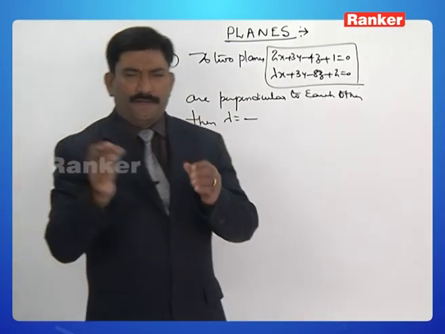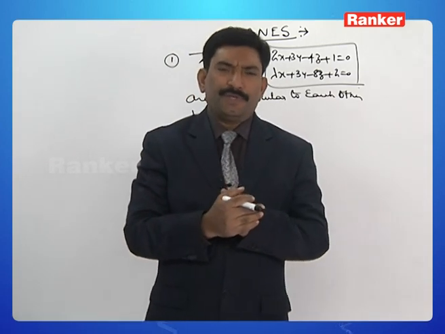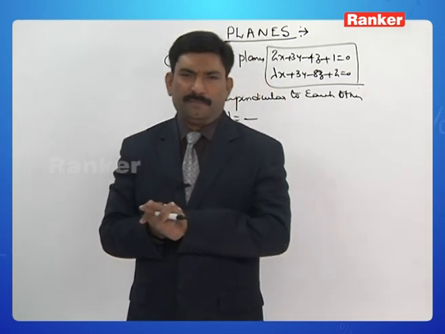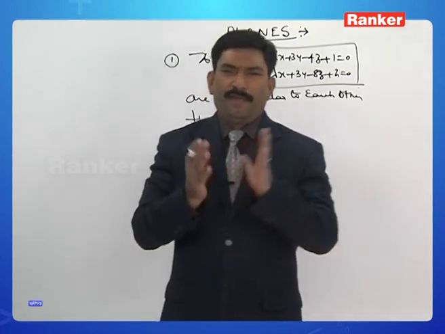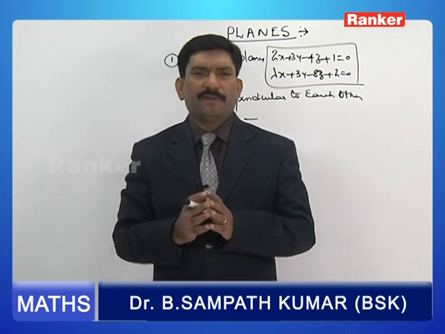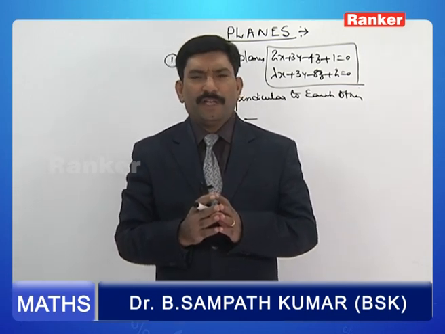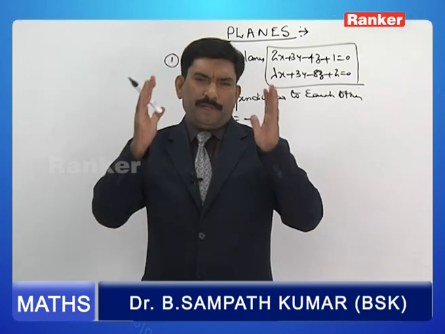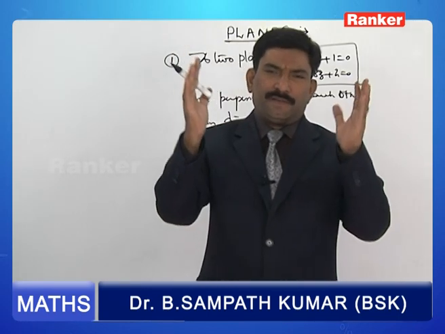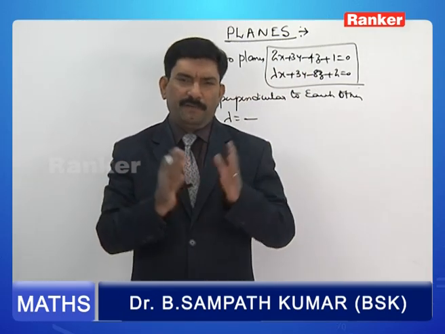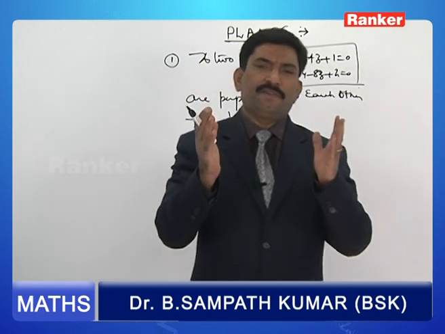You know it better when two planes given in Cartesian form, a1x plus b1y plus c1z plus d1 is equal to 0 and a2x plus b2y plus c2z plus d2 is equal to 0, are said to be perpendicular to each other. We have proved already a1 a2 plus b1 b2 plus c1 c2 is equal to 0.